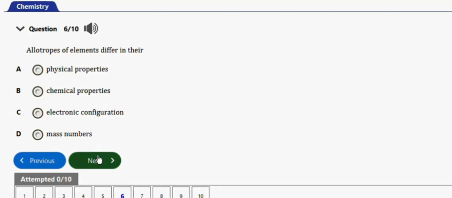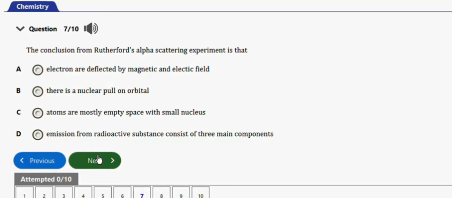The next question will be this one. It says the conclusion from Rutherford alpha scattering experiment is that electrons are deflected by magnetic and electric field, there is nuclear pull on orbital, atoms are mostly empty space with small nucleus, or emission from radioactive substance consists of 3 main components.